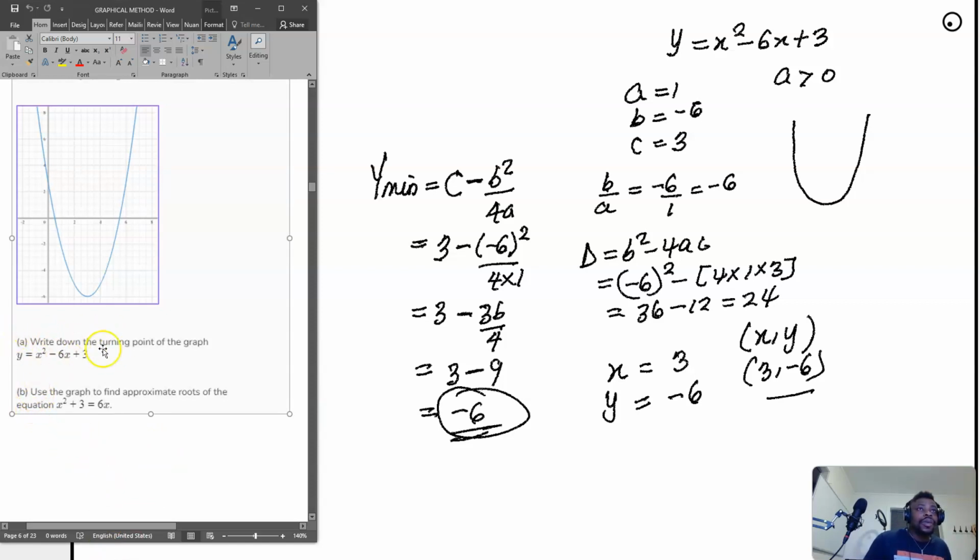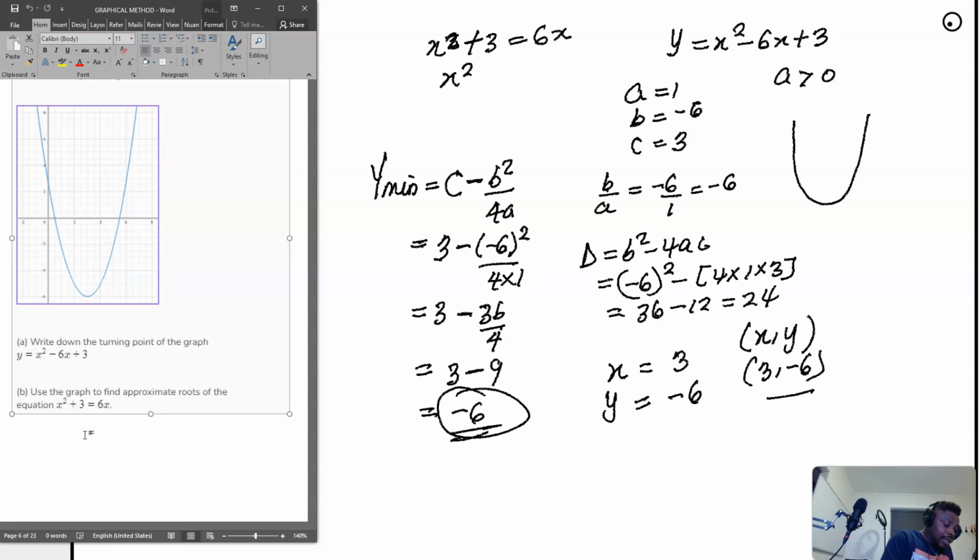Now, let's take the next. We've done this one: write down the turning point. We've gotten turning point 3, minus 6. Now, use the graph to find approximate root of the equation. We want to get the root of the equation. The equation given to us is x squared plus 3 is equal to 6x.